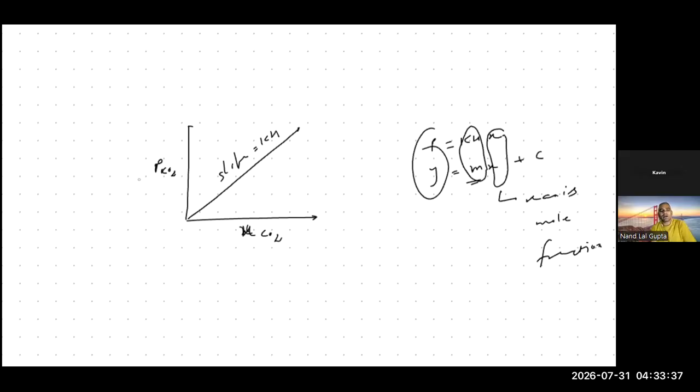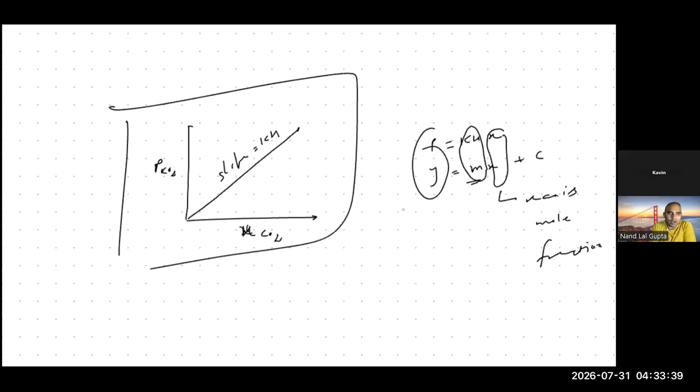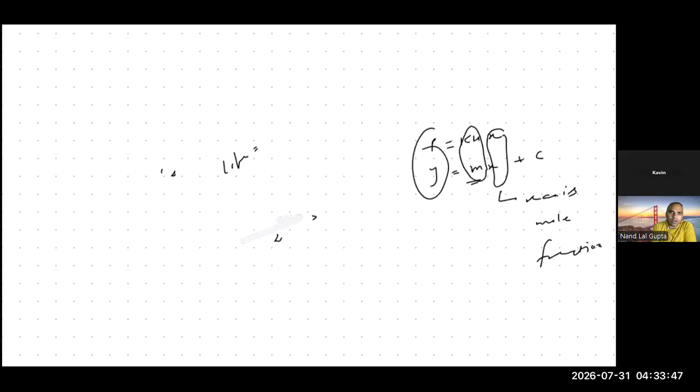Now come back to the other one, solubility of solid. Just a second.